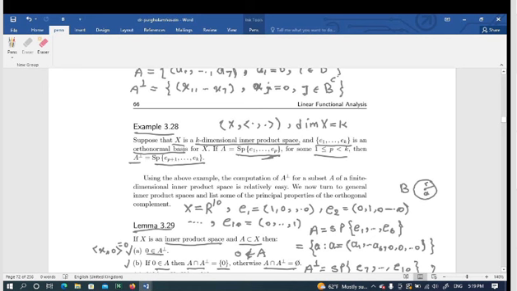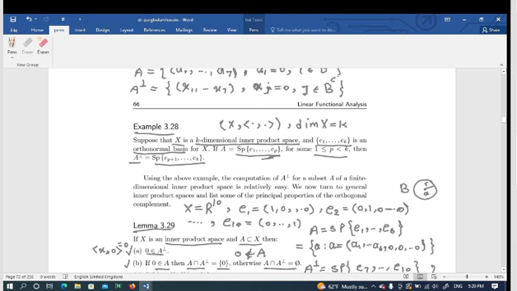For example, if X equals R to the 10 and e1 equals the n-tuple where the first place is 1 and the other places are 0, e2 has place 2 equal to 1 and the others 0, and so on.